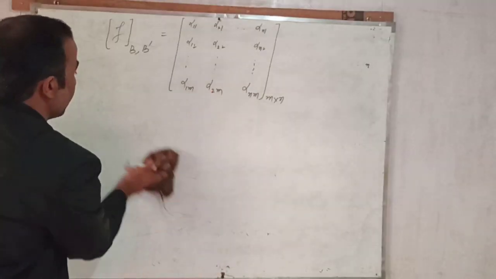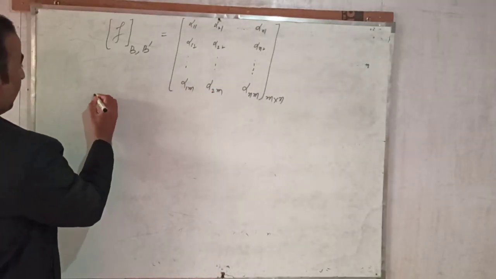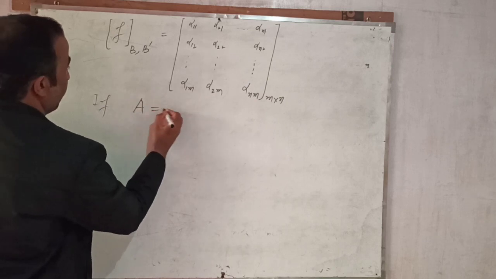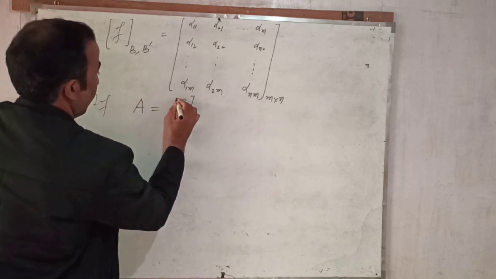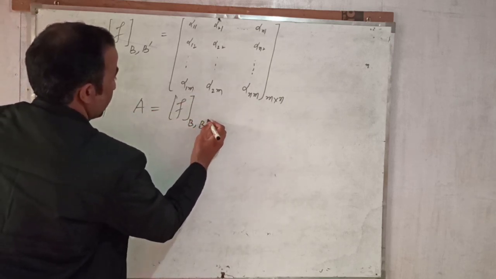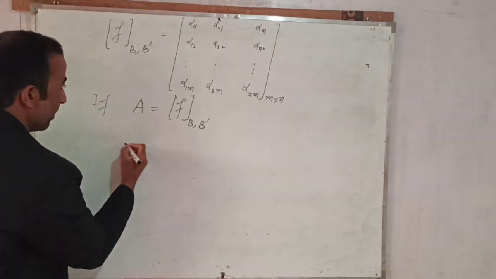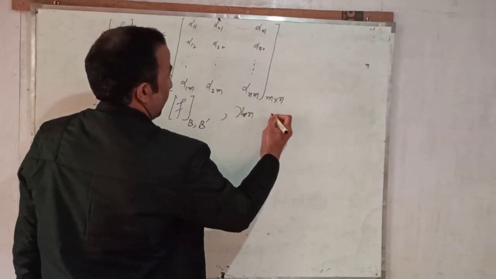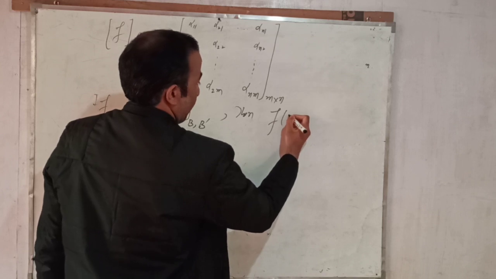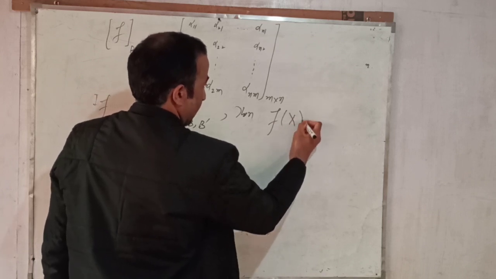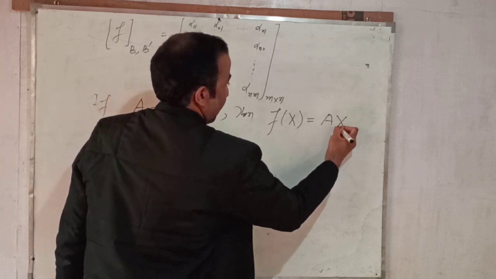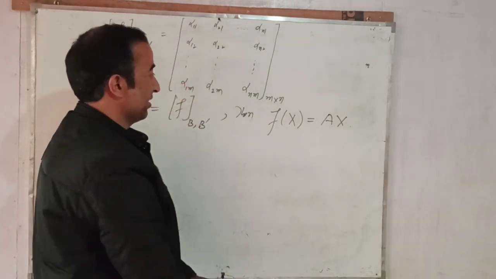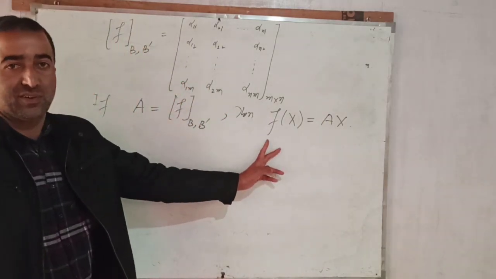Now, if I denote this matrix by A, the matrix of F from B to B dash, then F of X will be equal to A of X. It means you can construct back the linear map or the linear function.